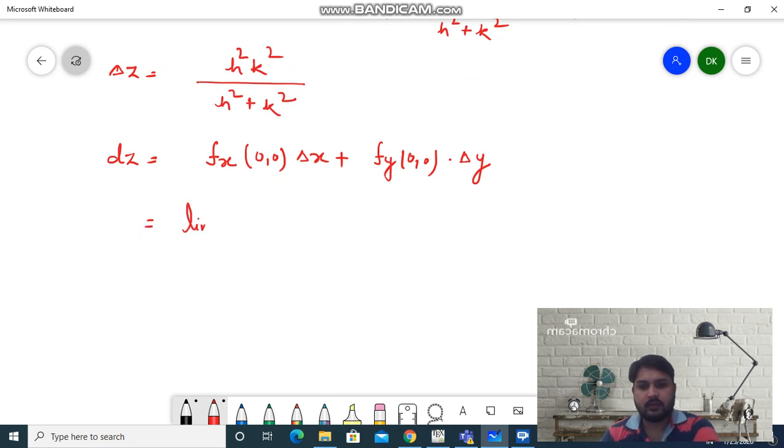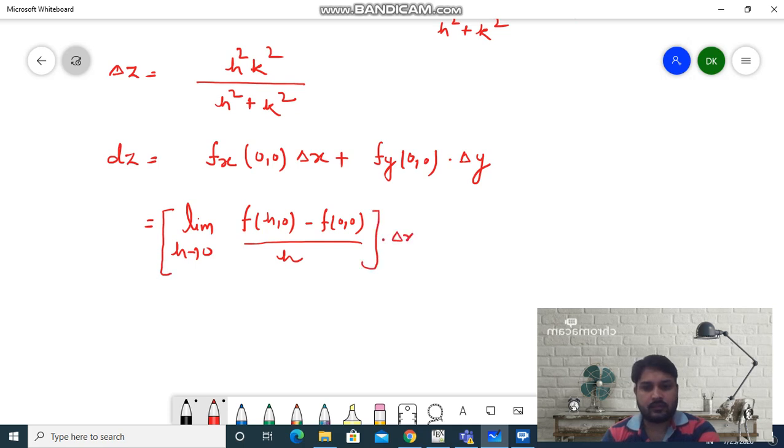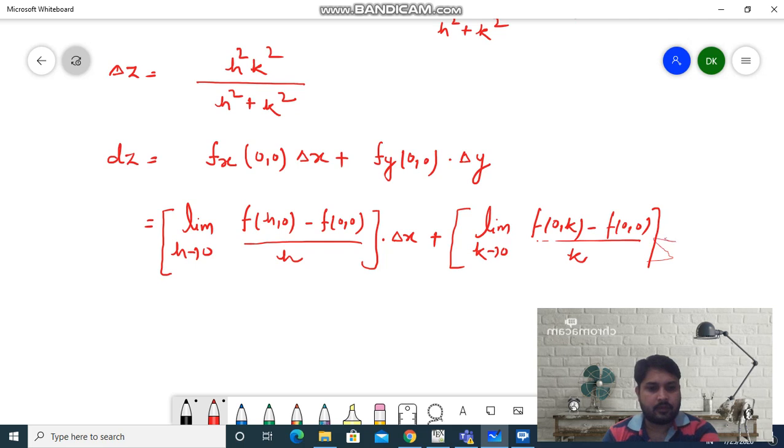This will be equal to the limit as h tends to 0 of f(h,0) minus f(0,0) upon h, into delta x, plus for fy we will use the limit as k tends to 0 of f(0,k) minus f(0,0) upon k, into delta y.